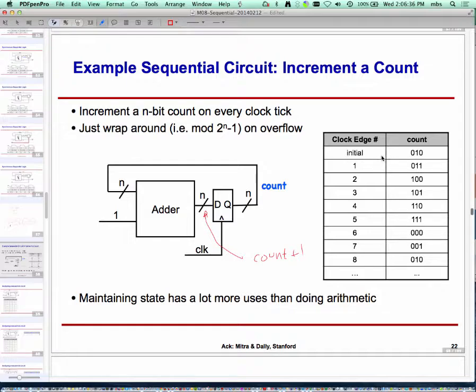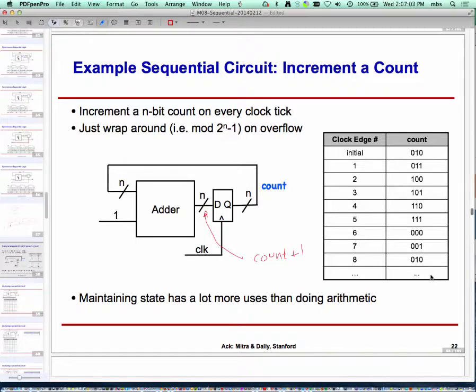If we had started with, let's say, 0, 1, 0, then it will count as 0, 1, 1, 1, 0, 0, and so on. So things also depend upon whether the flip-flop was initialized with 0, 0, 0; otherwise the state would correspond to the starting value plus the number of clock cycles that have passed, modulo 2 to the power n.